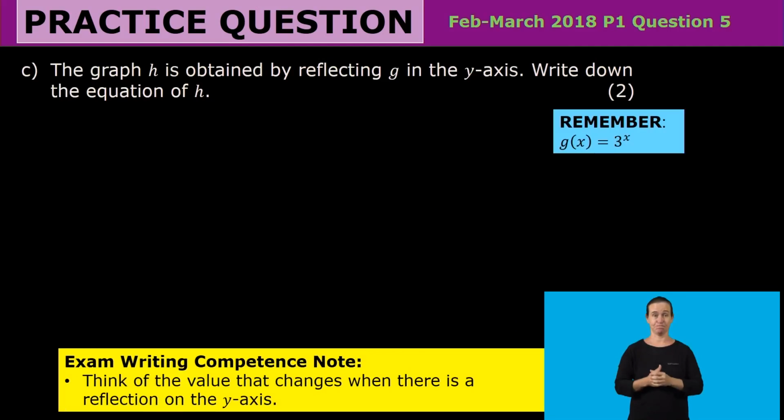Then it says that the graph of h is obtained by reflecting g in the y-axis. Write down the equation of g. Remember, we've just calculated the value of a. From that question moving forward, when we are working with the equation of g of x, we are going to write 3 exponent x.